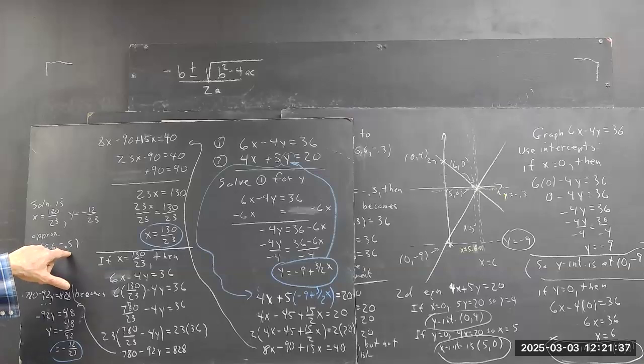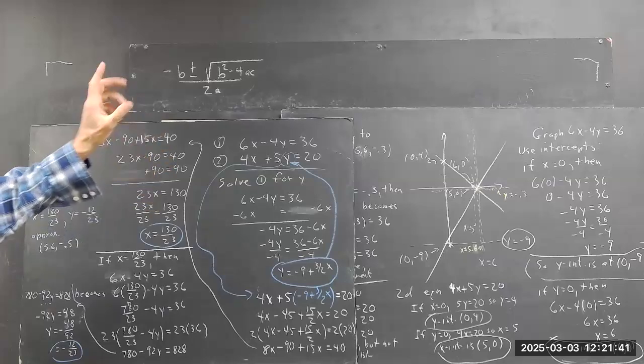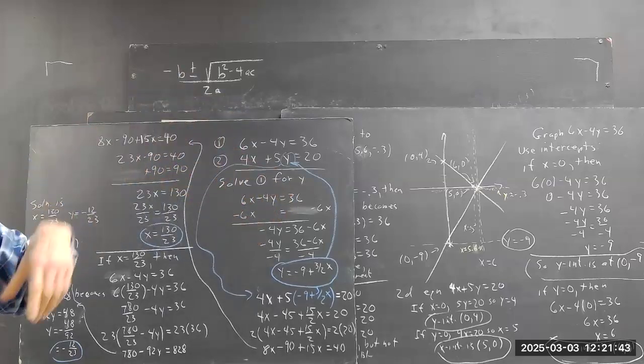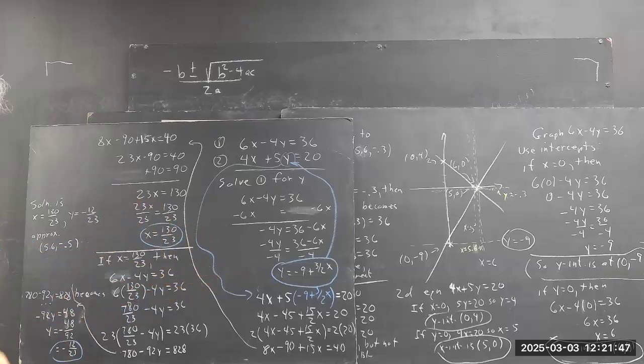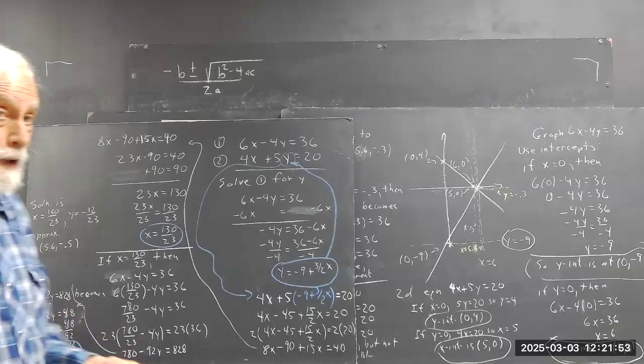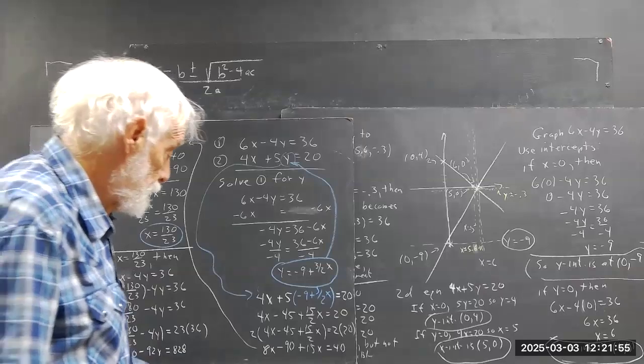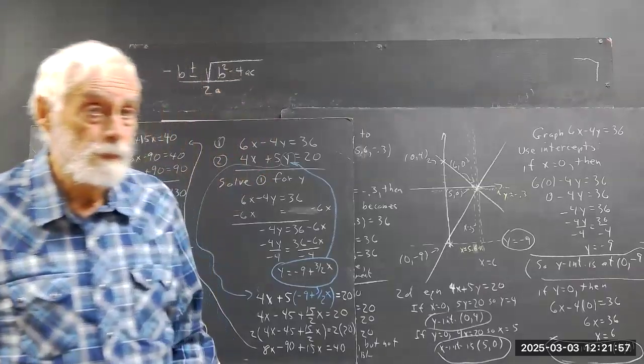If I plug these accurate numbers into the equation, both equations should give me the same thing on both sides. I'm not going to do that because there's a denominator there and you get big numbers. But that's the process. And that's a process OpenMath is going to describe to you.